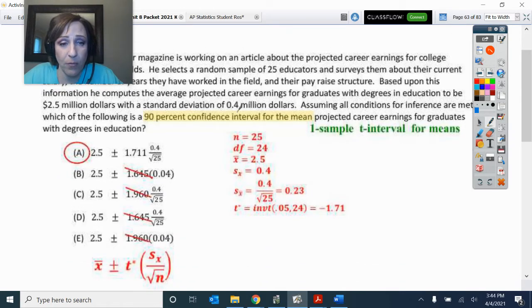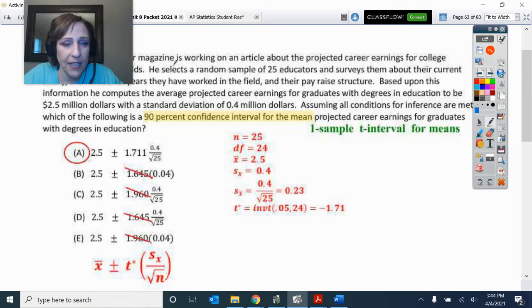Next, here we had a 90% confidence interval. Now this is a problem for means. It is about the average projected career earnings for college graduates with degrees in education. So make a 90% confidence interval for the average.